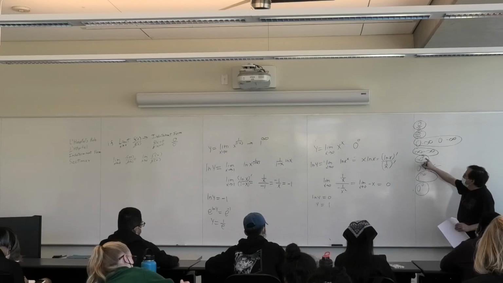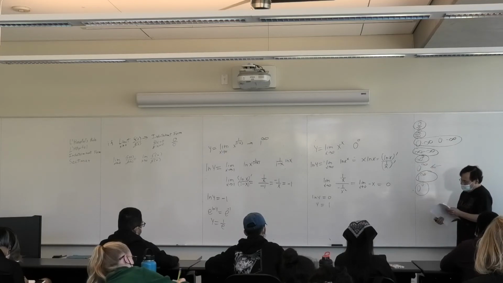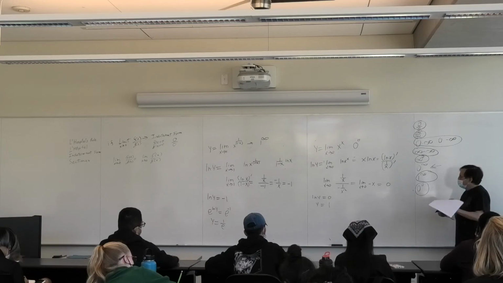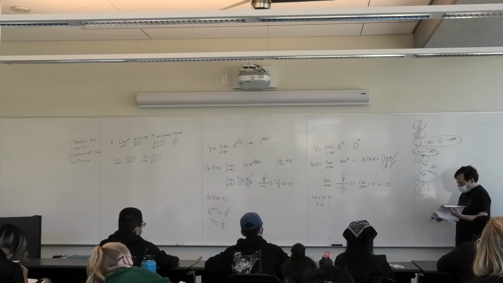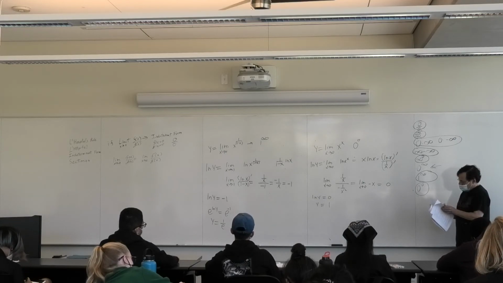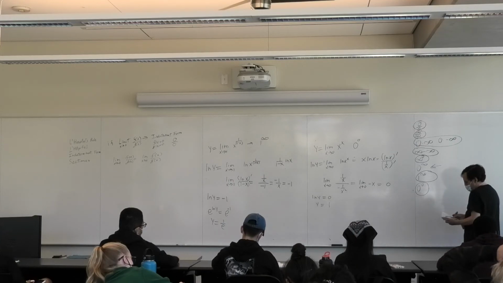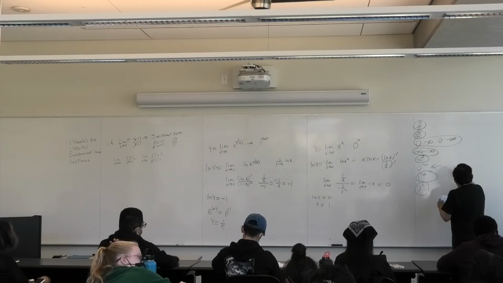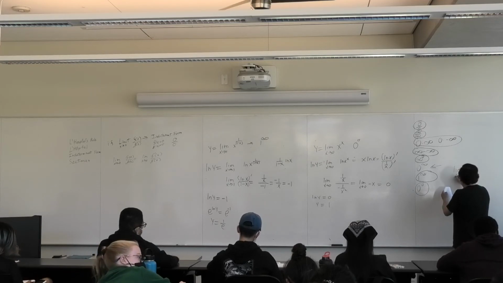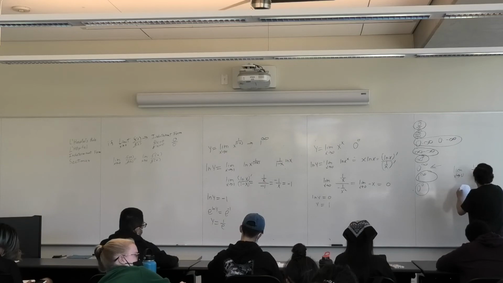If you think about the example here where we went to infinity to the 0, let me pull that up again. It was the limit as x approaches 0 of 1 over x dx.